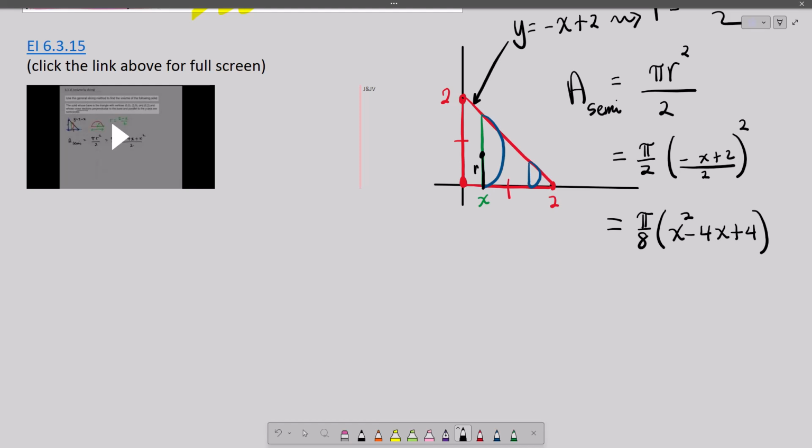So what do we do to that area function to get the volume then? Plug it into the integral, and then our limits of integration will be from 0 to 2. So our volume will be the integral from 0 to 2, and that 0 to 2 is from the x-axis, not the 0 to 2 from the y-axis.